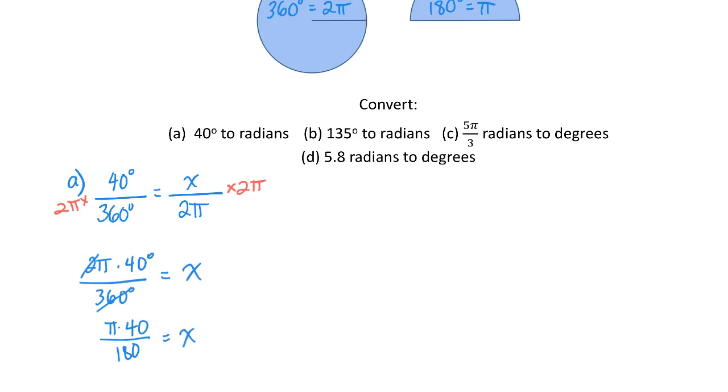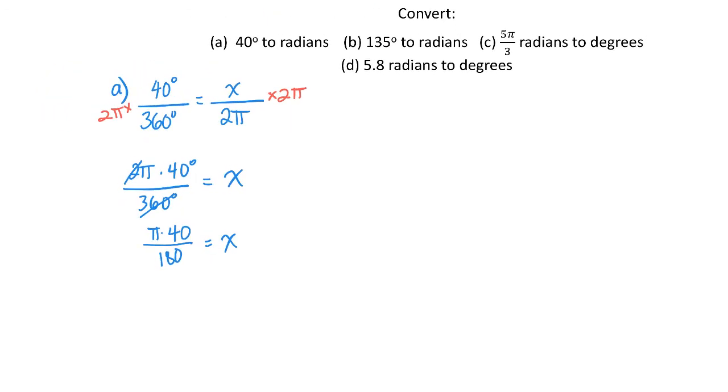And then from there, I can simplify the 40 over the 180. The reason that I did it this way is because I want to make a connection about this pi over 180 that just happened here. So we have pi times 40 over 180, and 40 over 180 simplifies to 2/9. So this is 2/9 times pi.